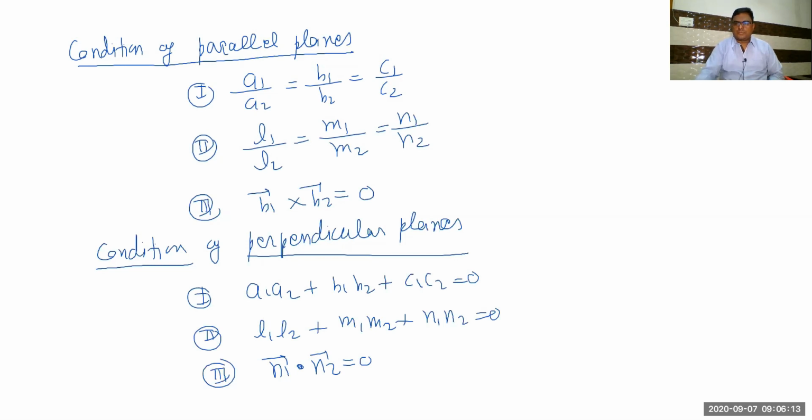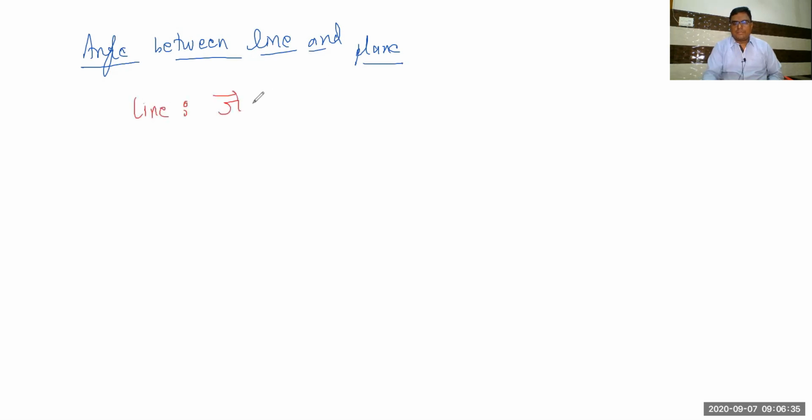Next, angle between line and plane. Suppose we have a line whose equation is r vector equal to a vector plus lambda b vector, and we have a plane whose equation is r vector dot n vector is equal to q.